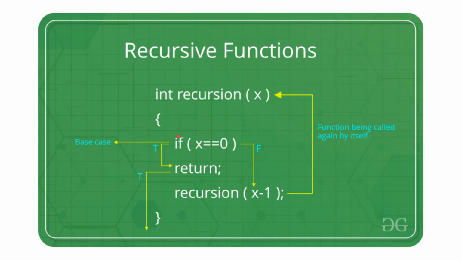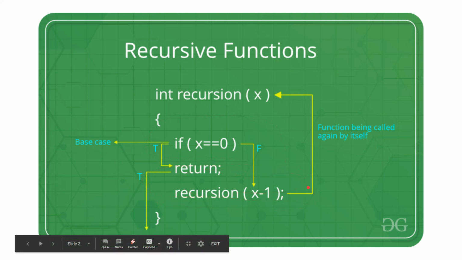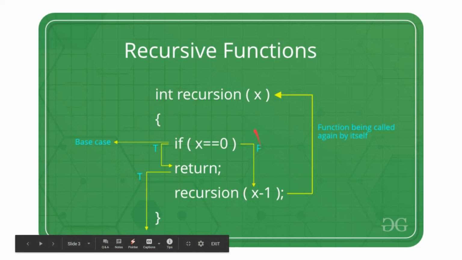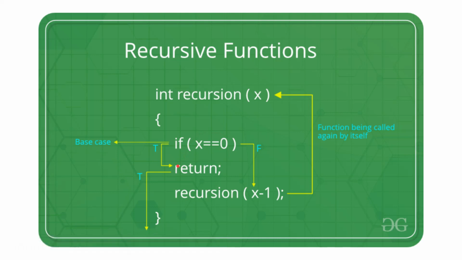It does not happen, because x is still not equal to 0, so it subtracts 1, and at that point there is 1 left, it checks again, x still does not equal 0, so it checks one more time, and now x equals 0, so it returns.